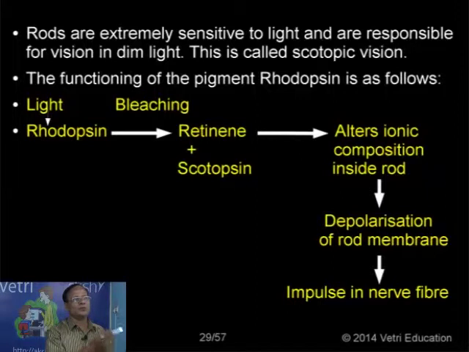This bleaching reaction causes a change in ionic composition inside the rod, involving potassium and sodium, as in the case of conduction of nerve impulses. Due to these changes in ionic composition and the permeability of the membrane to sodium and potassium ions, depolarization of the rod membrane takes place, which results in the development of an impulse that is conducted all along the nerve fiber.